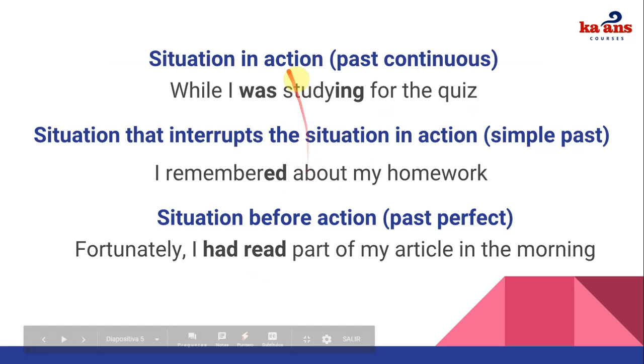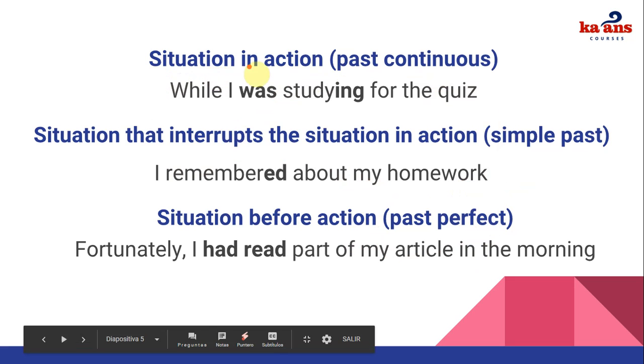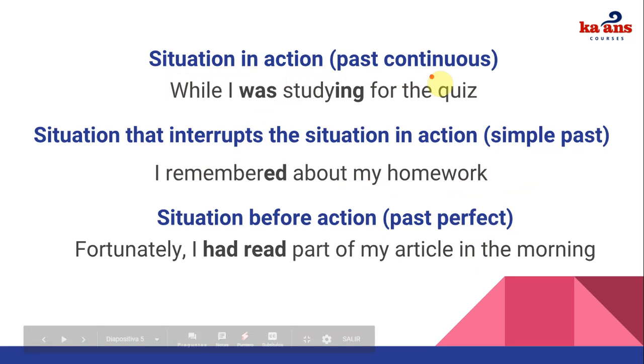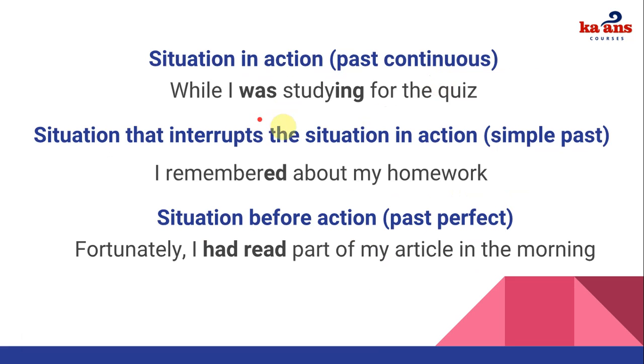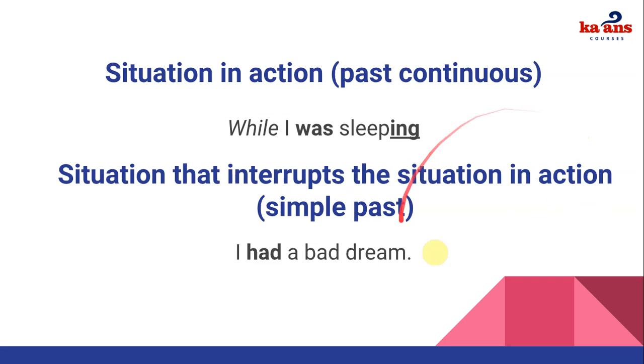In the second one, we're going to add another tense, the past perfect. Remember that we have a situation in action, which is the past continuous, and the situation that interrupts, which is the simple past, as in the first part.